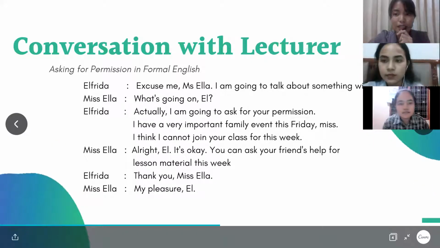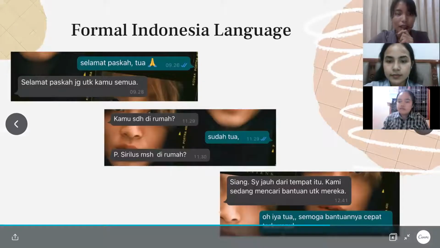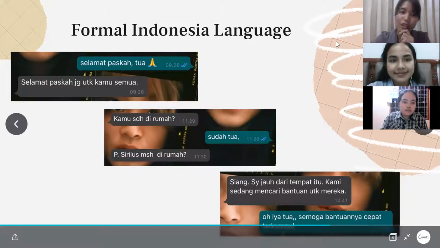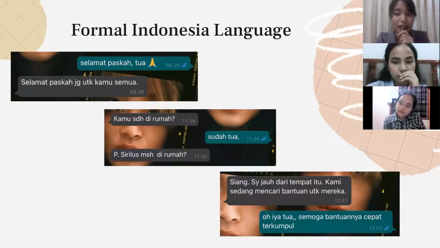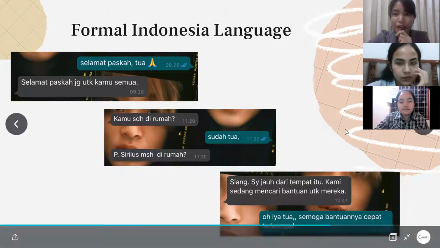And next, this one shows that Elfrida used formal Indonesian language. She talked with her uncle, who is a father or romo in Indonesia. She used formal Indonesian language because of the relationship between Elfrida and her uncle. She wants to show respect to her uncle.